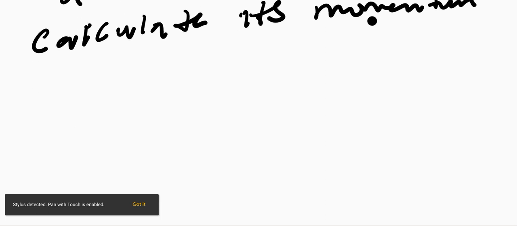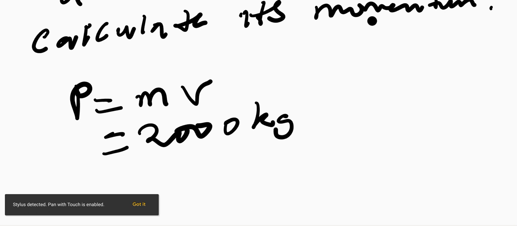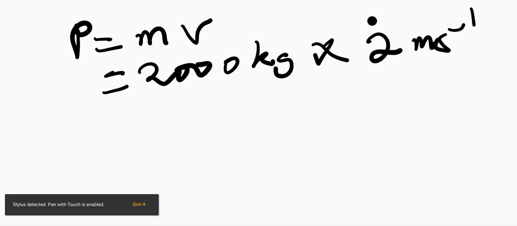So obviously what you're going to do is use your formula. P is equal to mass times velocity, knowing that your mass is 2000 kg multiplied by 2 meters per second, right?